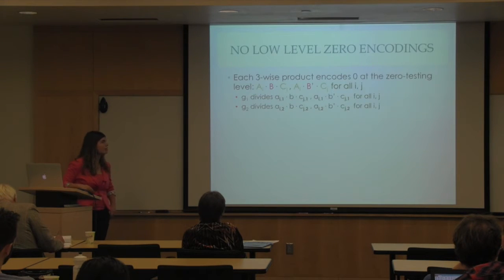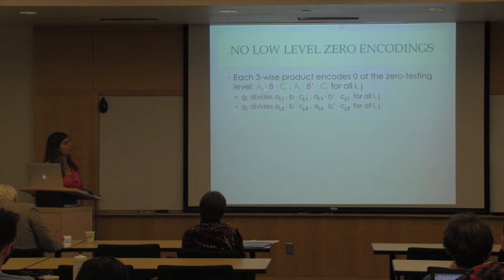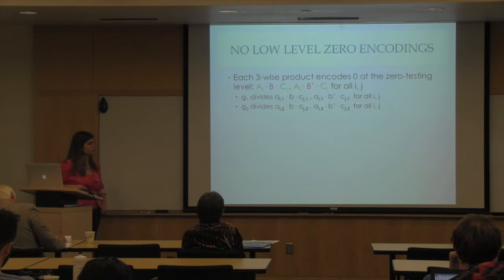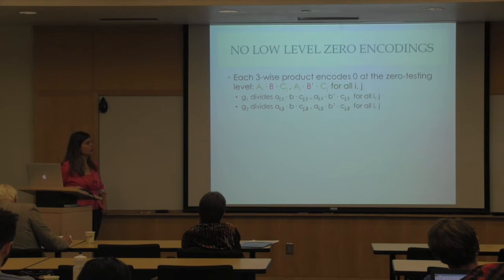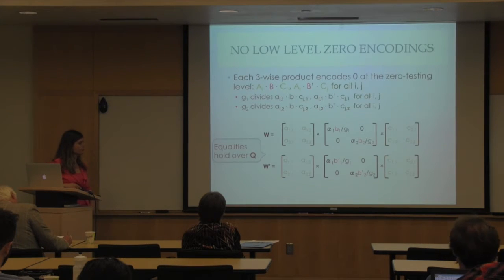So now if we have an encoding, if we maintain the property that all of these triples are encodings of 0, we have the property that G1 will be dividing these values, which are the components with respect to the different primes, and G2 will be dividing also the product of the second component in the encodings.